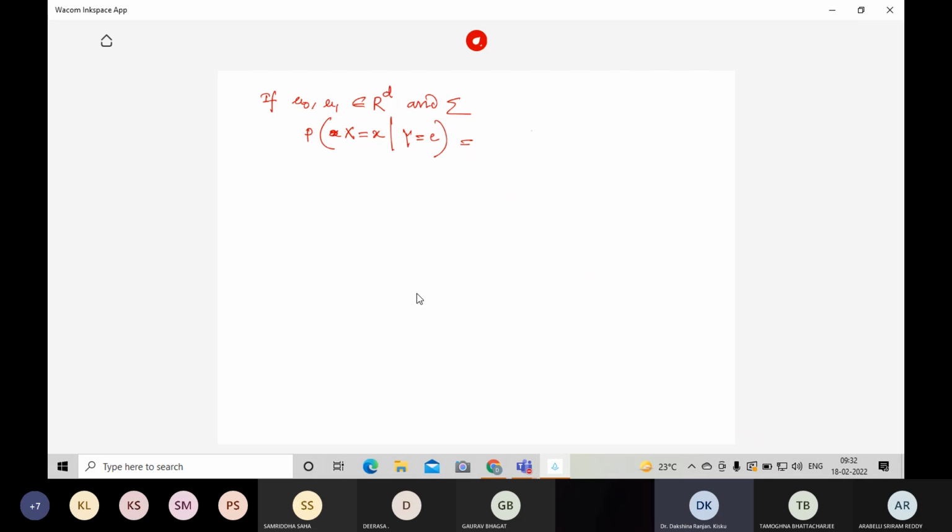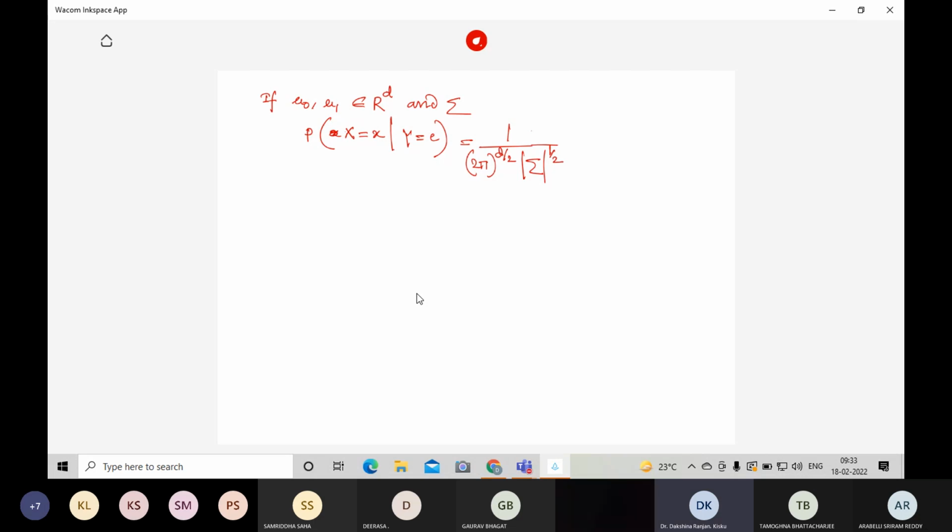So this is the estimated density, the probability of small x given class information c. We can write 1 upon (2 pi) to the power d by 2, multiplied by the determinant of sigma to the power half. This is nothing but the equation of the Gaussian distribution.